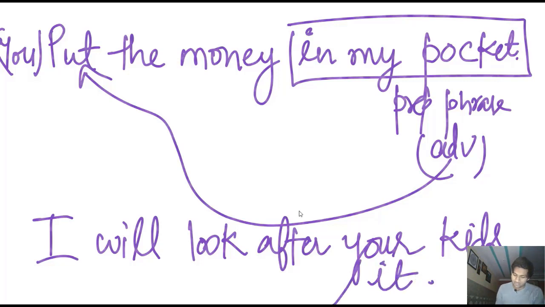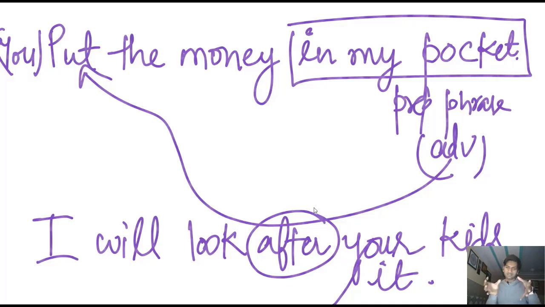Now, if I remove this and read it, I will look your kids, or I will look it. First of all, it does not make any sense. Even if you try to make any sense out of it, you will have a different meaning, which is different from its original meaning.